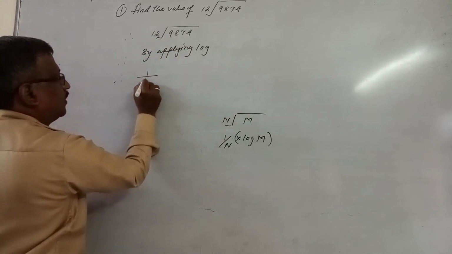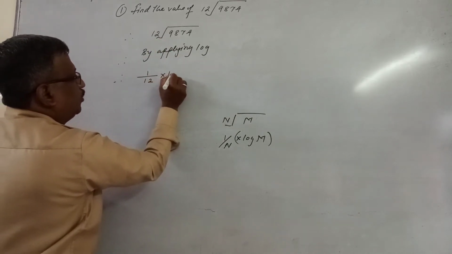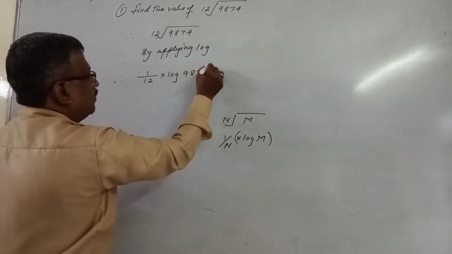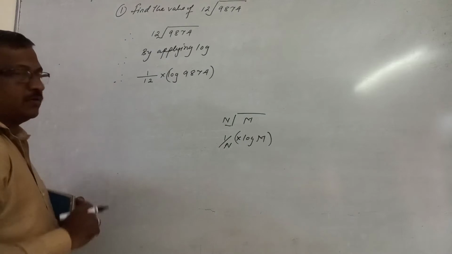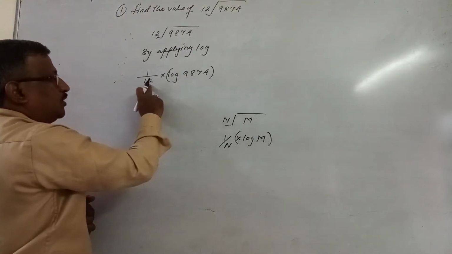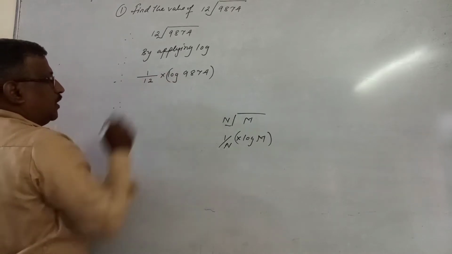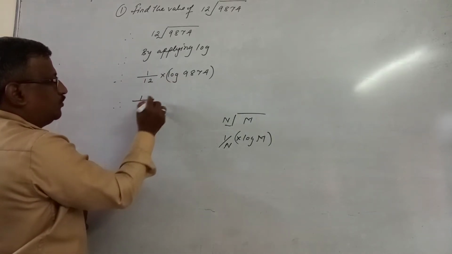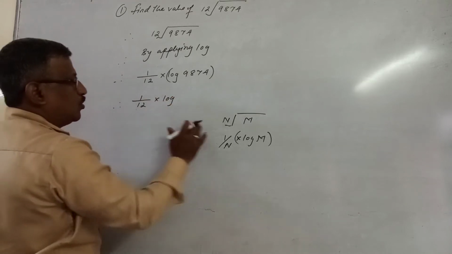So it is written as 1 divided by 12 into the log of 9874. Clear? So first you have to find the log of this number, and to that you have to multiply by 1 by 12. So let's first calculate the log. Keep this 1 by 12 as it is.